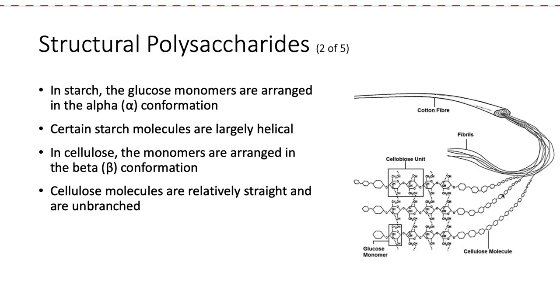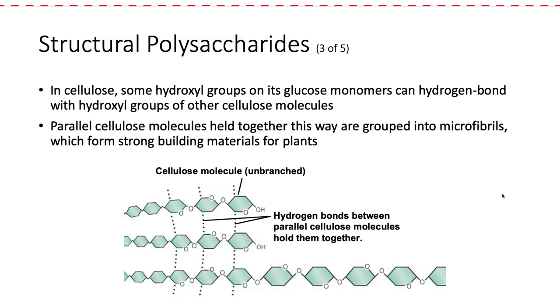Cellulose have the beta conformation, and those are straight and unbranched. Again, just focusing here in on those hydrogen bonds that hold across different cellulose molecules. They're really strong. They really help keep everything in place, and so that gives that strong building material for plant cell walls.